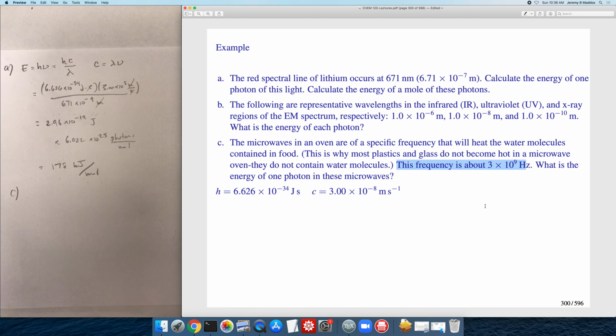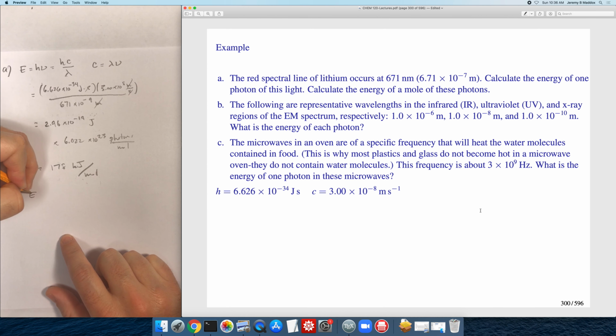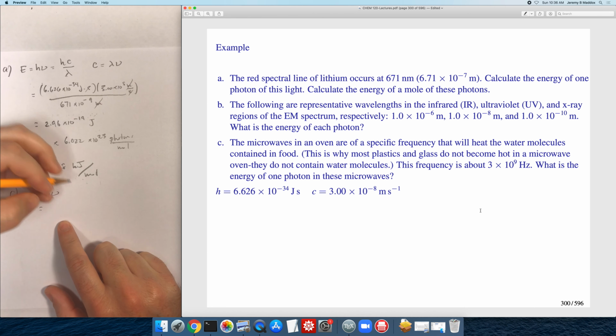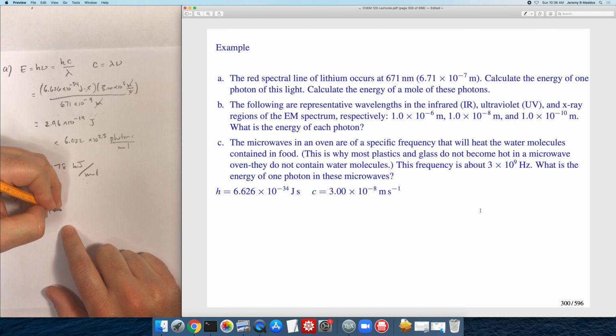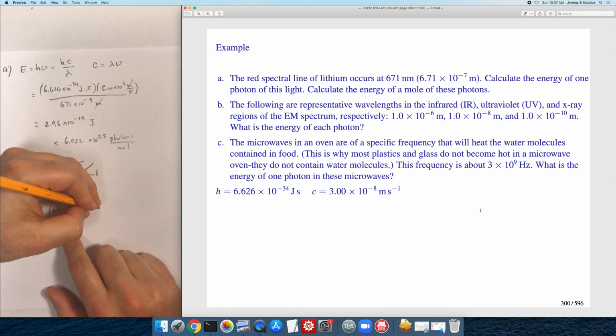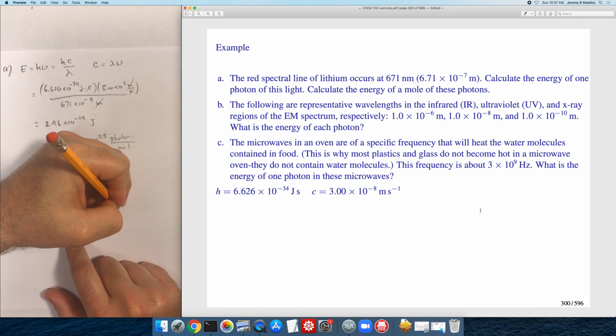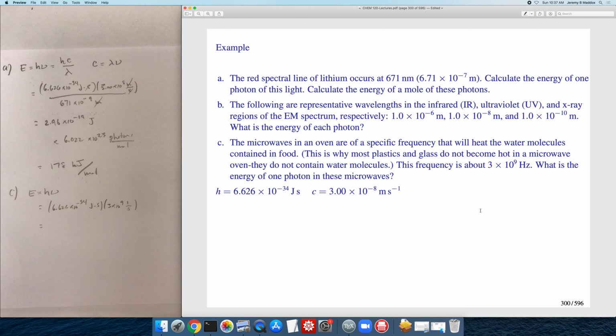Typical microwave frequencies, 3 times 10 to the 9th hertz. Calculate the energy of one photon. So here we just need this portion of the expression, plug in Planck's constant, times this frequency, and that's going to give us the energy.